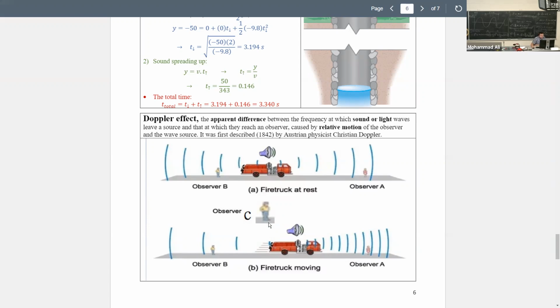And observer C, his position is perpendicular to the motion, so no changes will happen to the sound for observer C. That is when the car or the truck is perpendicular to his place. Also the driver hears no change of the sound.